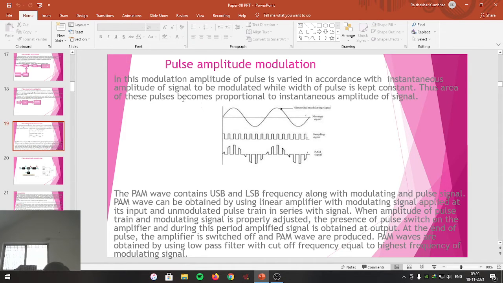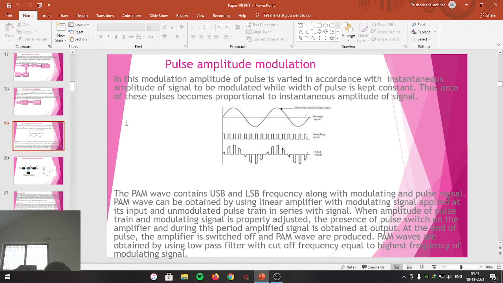That is called pulse amplitude modulation. In pulse amplitude modulation, the amplitude of the pulse is varied in accordance with the instantaneous amplitude of the signal to be modulated, while the width of the pulse is kept constant. Here the width doesn't change, but the amplitude of the pulse changes as the amplitude of the input signal changes. Thus, the area of these pulses becomes proportional to the instantaneous amplitude of the signal.